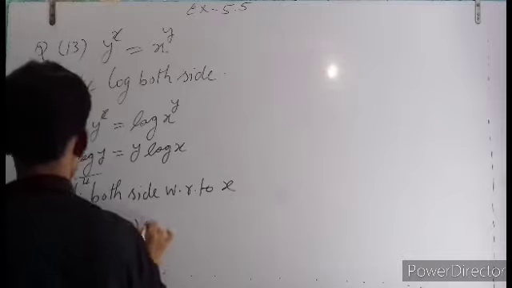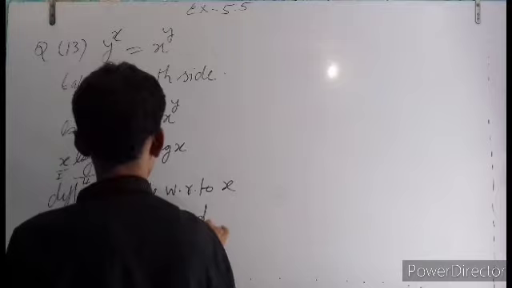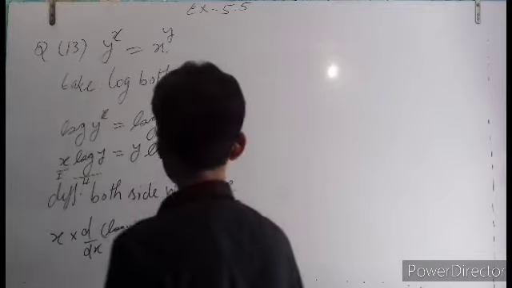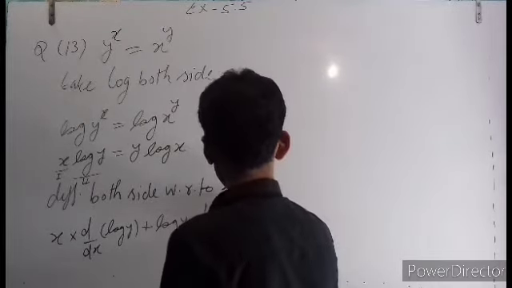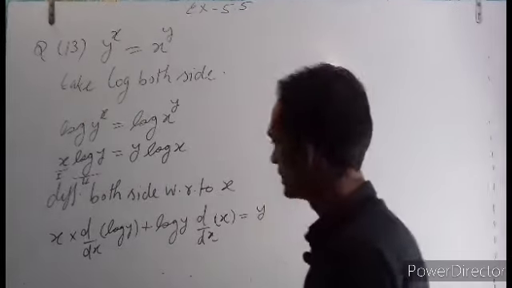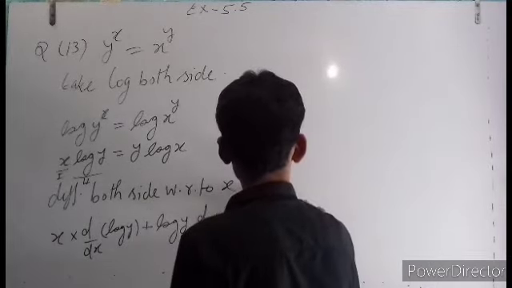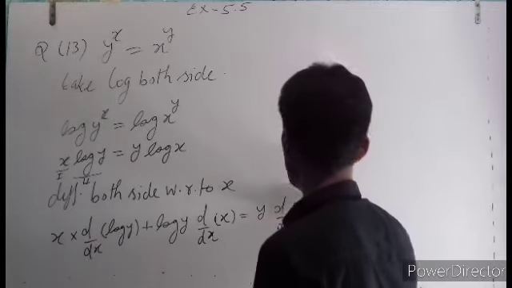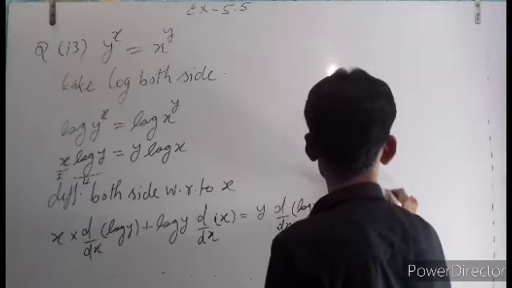Similarly second as it is, into d/dx of x with respect to x. Similarly on the RHS you can see y first as it is, second derivative d/dx of log x, plus second as it is, derivative of first.